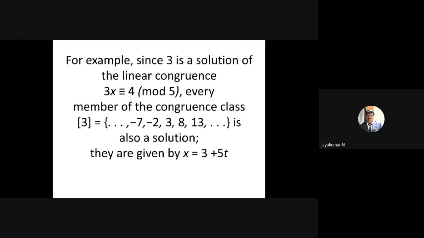The general form of the solution is x equal to 3 plus 5t. When you put t equal to 0, you get x equal to 3. When t equal to 1, x will be 8. When t equal to 3, x will be 18. When t equal to -1, x is 3 minus 5, that is -2. When t equal to -2, x will be -7.